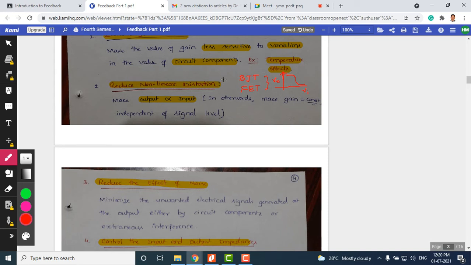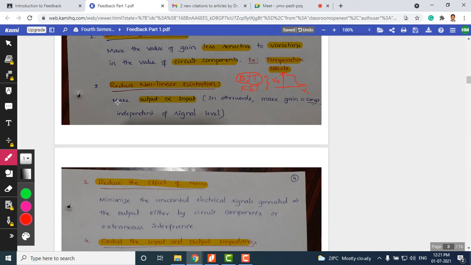Since these devices are nonlinear, any distortion that exists, it may be the harmonic distortion, which is a very popular distortion that we have seen in analog circuits, the second and third harmonic distortions, needs to be eliminated, otherwise it corrupts or reduces the performance of the output signal. Those kinds of nonlinear distortions can be brought down by employing negative feedback.